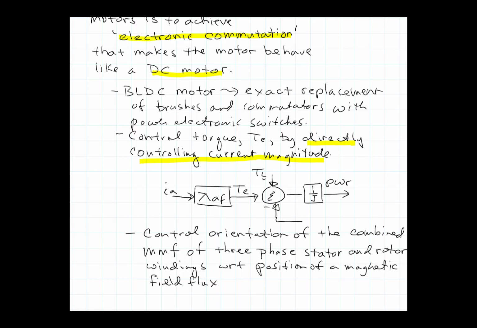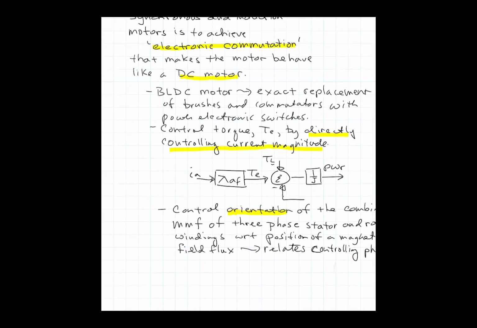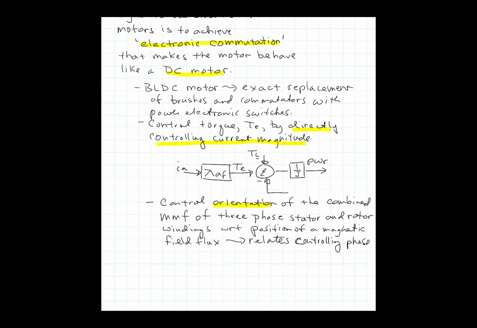So we constantly are controlling the orientation. And really that relates to controlling the phase. So I'm going to control the phase. I'm going to control the amplitude. What we're really talking about, as you've heard the name applied to this type of control, is vector control.